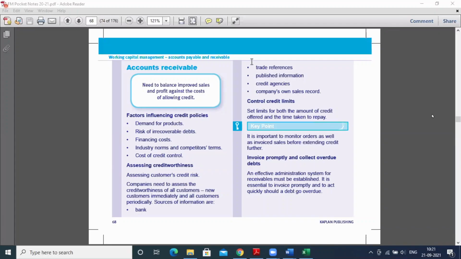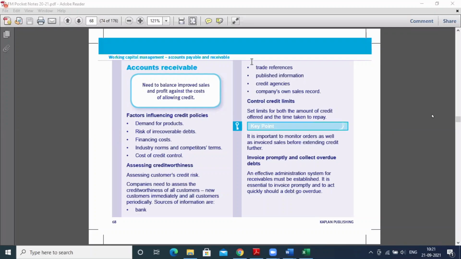Suppose, let us assume the previous year's credit worthiness of the customer might be viable, but there might be some issue with the credit worthiness in the current year. So that's why it is always recommended to have a repeated scrutiny of the credit worthiness of the customer.